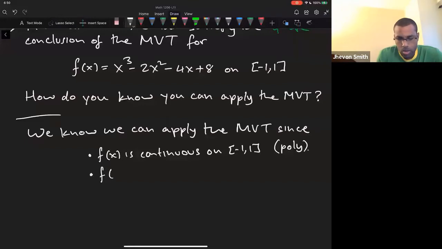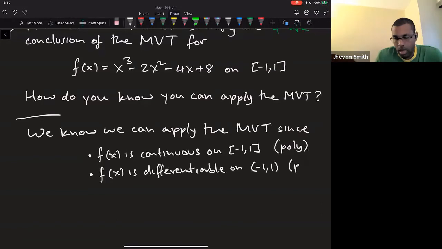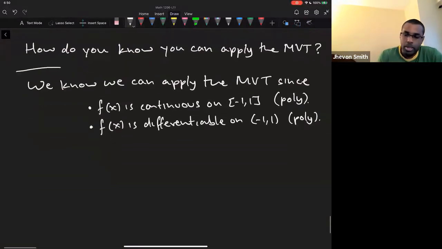It's also known that f of x is differentiable on the open interval from -1 to 1, again, because it's a polynomial. Polynomials are nice, they're continuous everywhere and differentiable everywhere. So they're definitely going to be continuous and differentiable on whatever interval you're concerned with. And that's all you need to know for the mean value theorem.